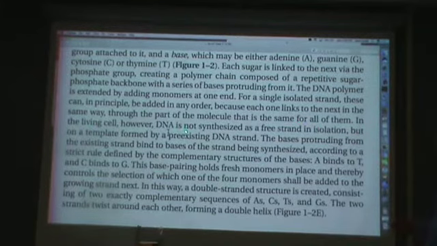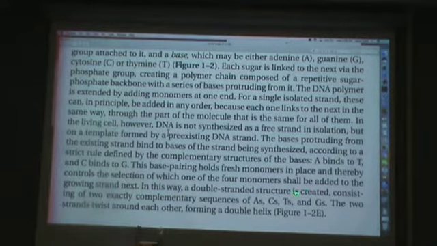In the living cell, however, DNA is not synthesized as a free strand in isolation, but on a template formed by a pre-existing DNA strand. The bases protruding from the existing strand bind to the bases of the strand being synthesized according to a strict rule defined by the complementary structures of the bases. A binds to T and C binds to G. This base pairing holds fresh monomers in place and thereby controls the selection of which one of the 4 monomers shall be added to the growing strand next.